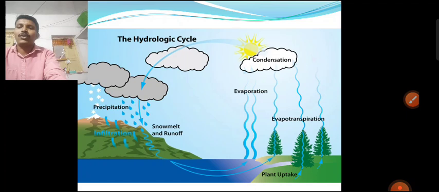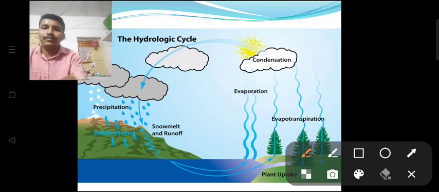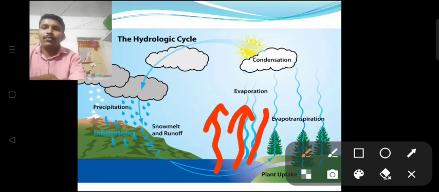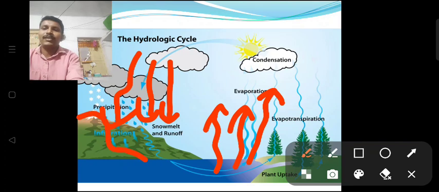Coming to the hydrological cycle, it describes the movement of water from the earth surface to the atmosphere in the form of evaporation, from the atmosphere to the earth surface in the form of precipitation, and finally reaching the oceans in the form of runoff.